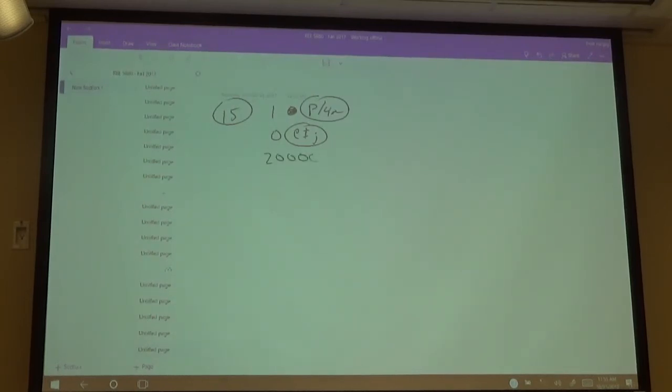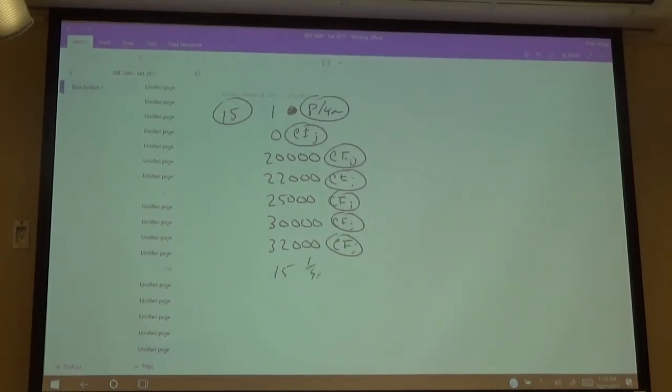So 20,000 is a cash flow. 22,000 is a cash flow. 25,000 is a cash flow. 30,000 is a cash flow. And 32,000 as a cash flow.